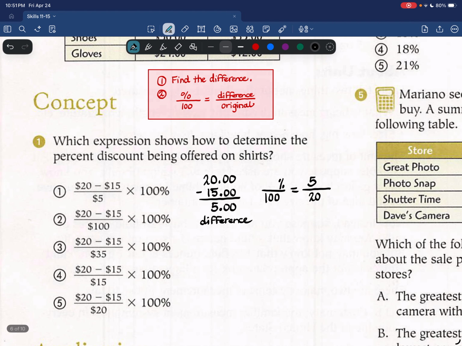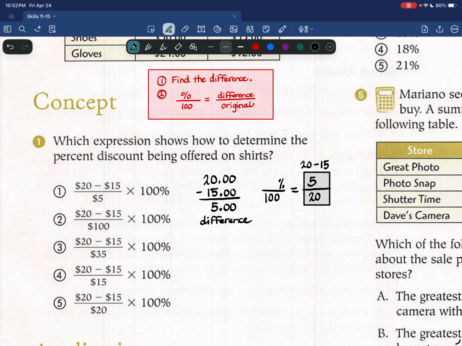Now, let me think about how best to explain which answer choice I'm looking for. I need to take a second and figure out which one it actually is. Okay, I see it. Let's focus right here. How did we get that 5? What did we do to get that 5? We said 20 minus 15, and then we're going to divide that by 20.